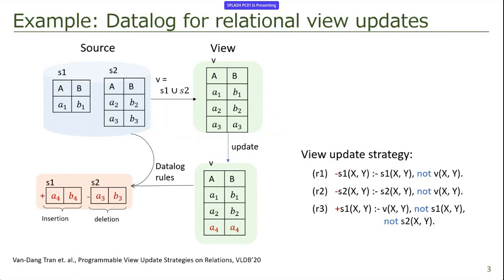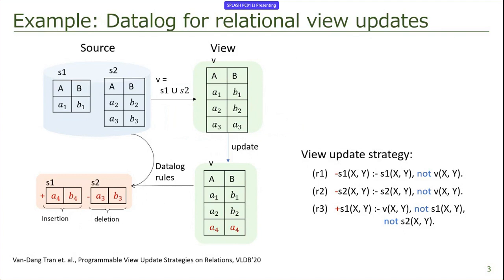So we have to insert tuple A4 B4 into the source tables and also delete tuple A3 B3 from the source tables. This update translation is not trivial and it is very ambiguous. So we provide a way for programmers to explicitly specify an update translator.